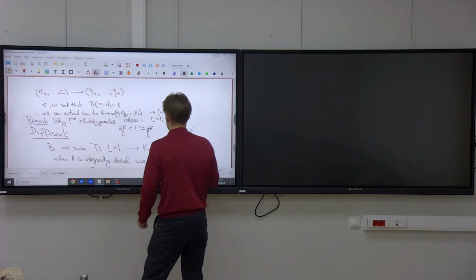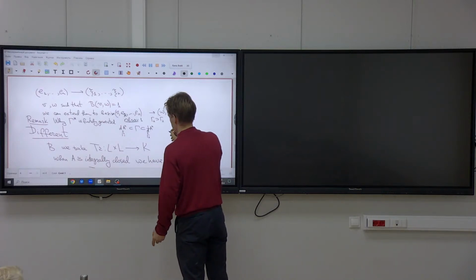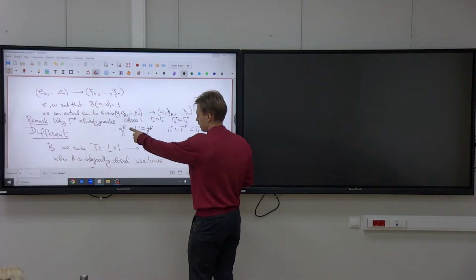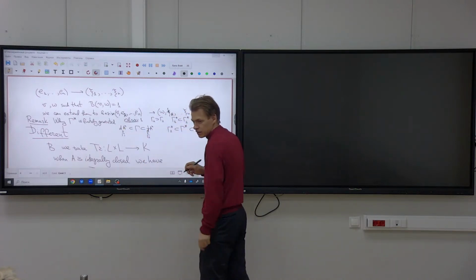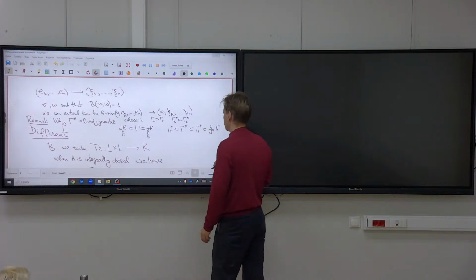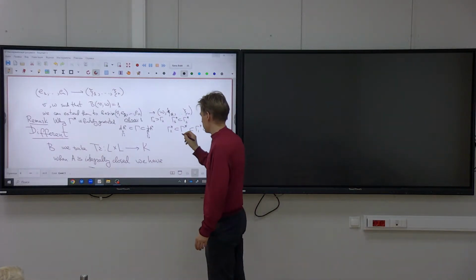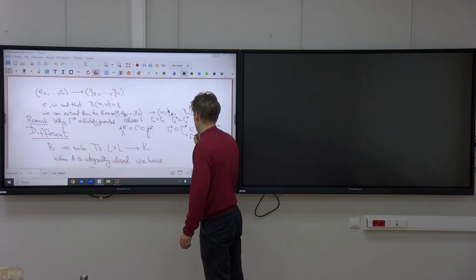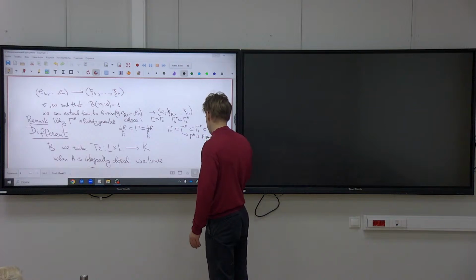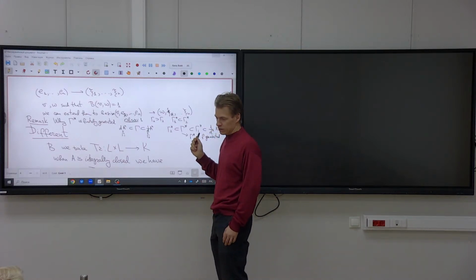That means that gamma star is bounded by gamma 2 star and gamma 1 star, and this is bounded by 1 over d to the power n, A^n. We work only in the Noetherian case. So this automatically tells you that gamma star is finitely generated.